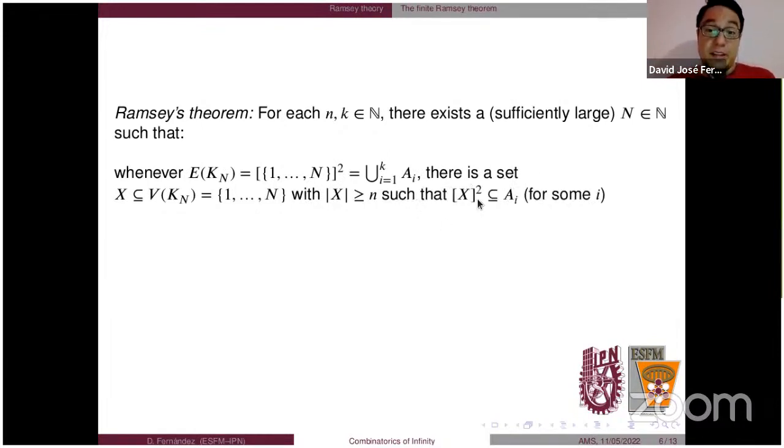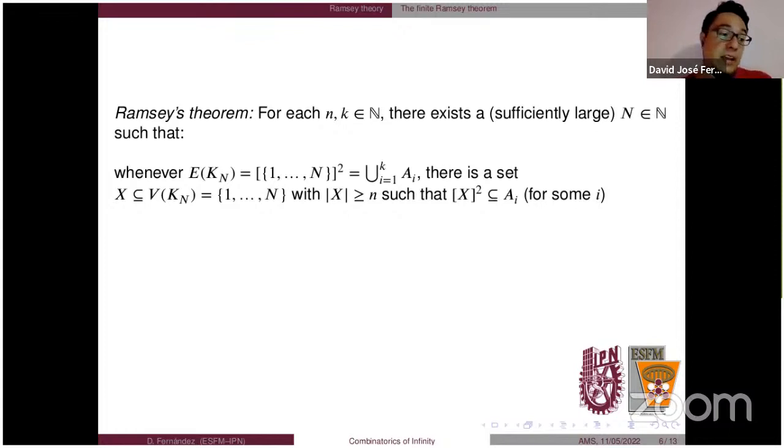Again, this is the same notation: the set of subsets of size 2 of the set X. So all possible edges between, if you're thinking about graphs, this would be the subgraph induced by the set X. And all of the edges there have the same color or are in the same piece of the partition. So this is a generalization of what I just told you before. The previous theorem was n equals 3, k equals 2, but really for each finite n and k, this is a theorem.